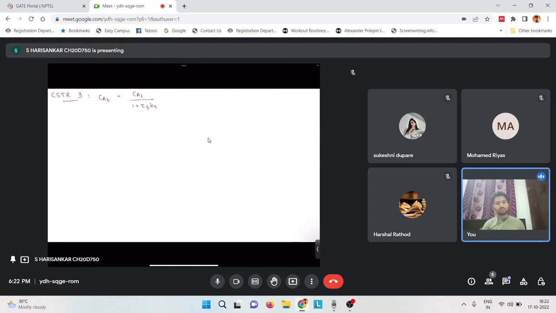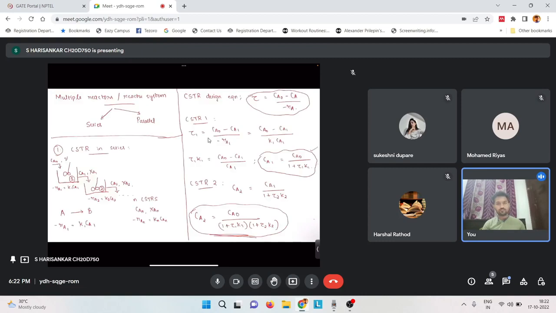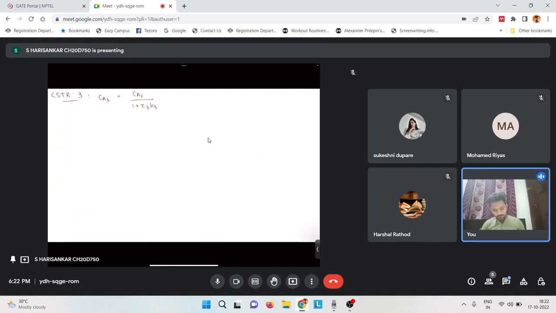And if we substitute Ca2 from the previous CSTR2 equation, what we'll get is Ca3 is equal to Ca0 by 1 plus tau 1 K1 into 1 plus tau 2 K2 into 1 plus tau 3 K3. So this will be the equation for the outlet concentration from CSTR3.